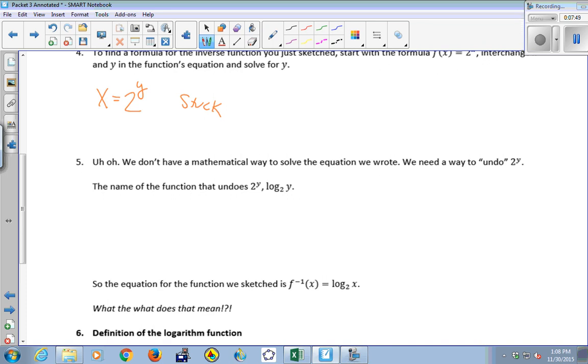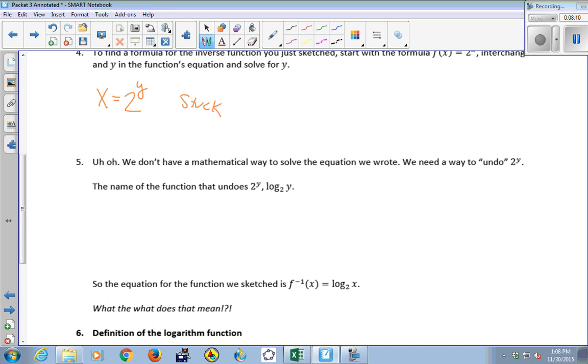We need to undo raising 2 to something, right? Raising something to the 2 is easy to undo, you square root, but how do you undo raising 2 to the something? So we invented this function that undoes raising 2 to the something, and it's called log base 2 of y.